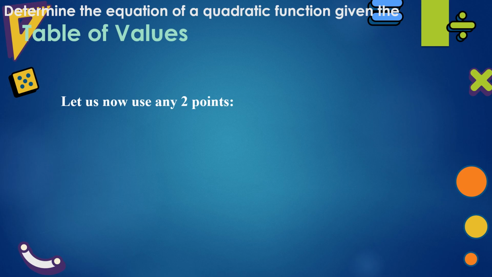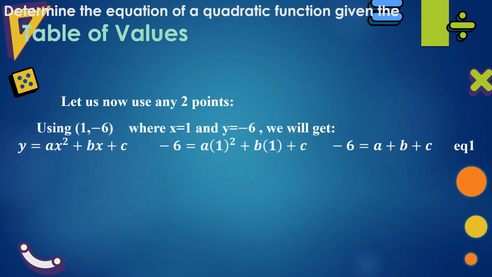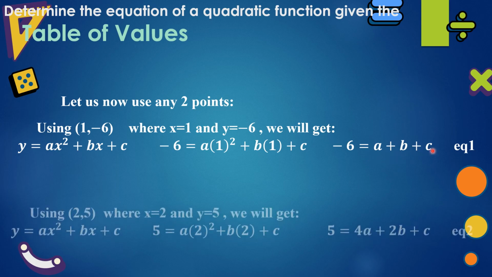Let us now use any 2 points. I chose the point whose coordinates are (1, -6). Substitute 1 to x and negative 6 to y. So equation 1 will be negative 6 is equal to a plus b plus c.